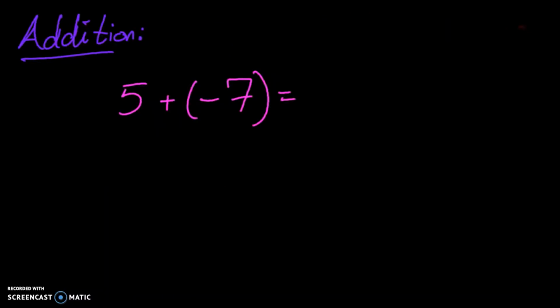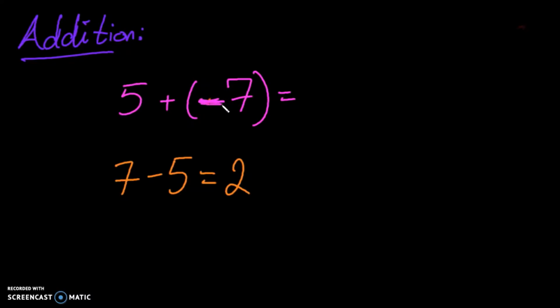So let's try this one without the number line. Let's forget about the minus now. We have a minus here. Let's forget about it. 5 and 7. So 7 is the bigger number. We subtract 5. 7 minus 5 is 2. And then we look at the sign of the bigger number.